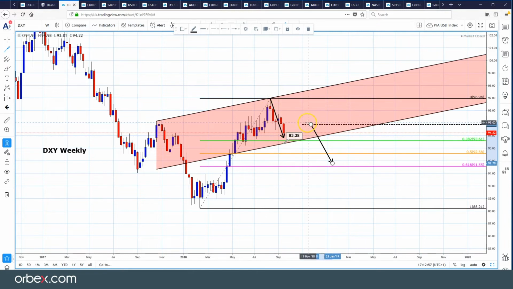If we get a reversal from that area, then we're looking for an AB equals CD formation to the downside to around 91.83, might push to this 61.8% extension level at 91.55, which is also close to a previous swing low. So selling into rallies around 94.83.